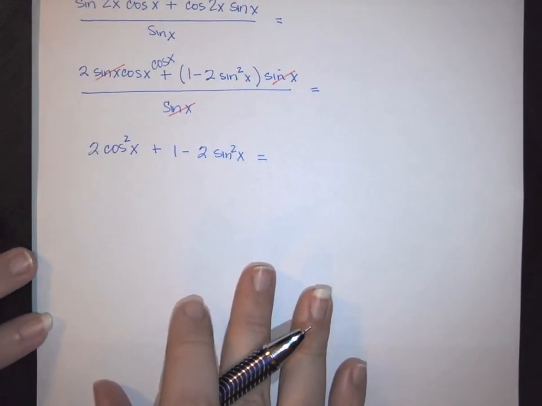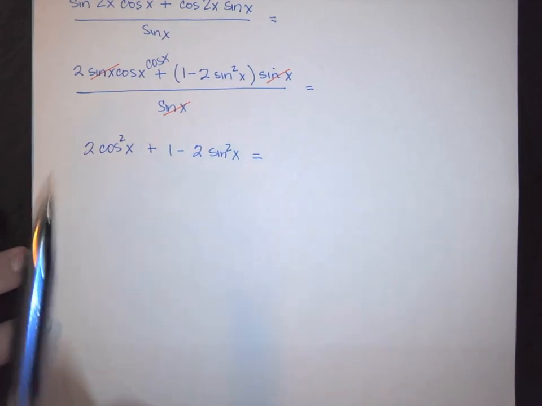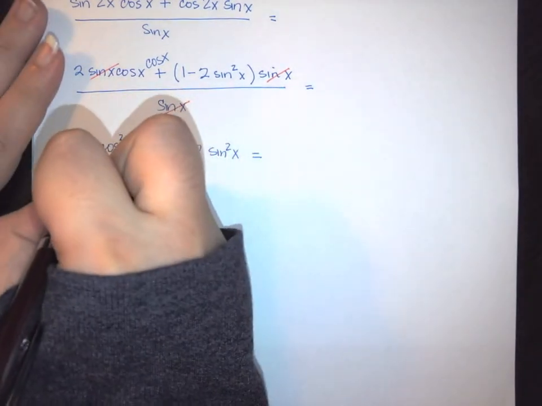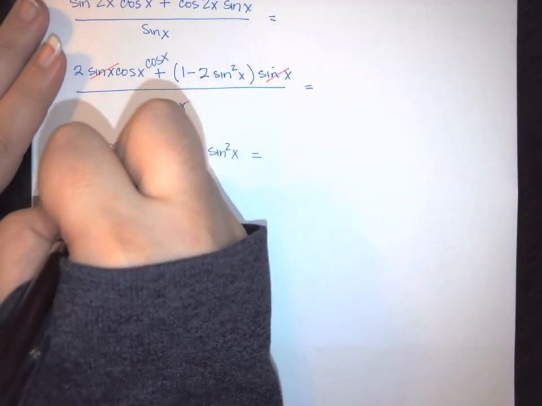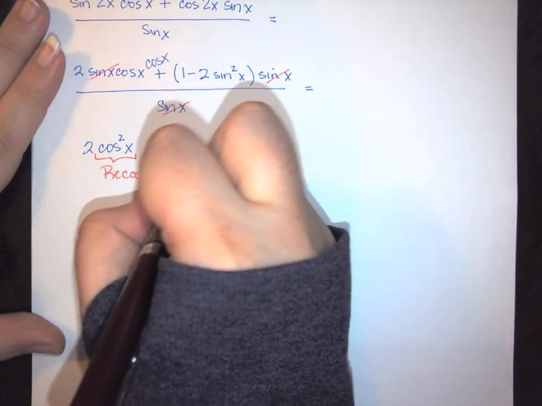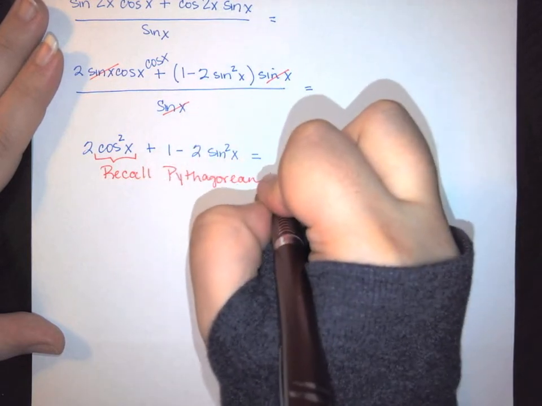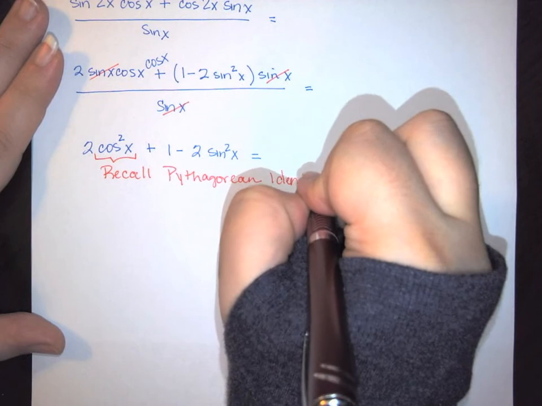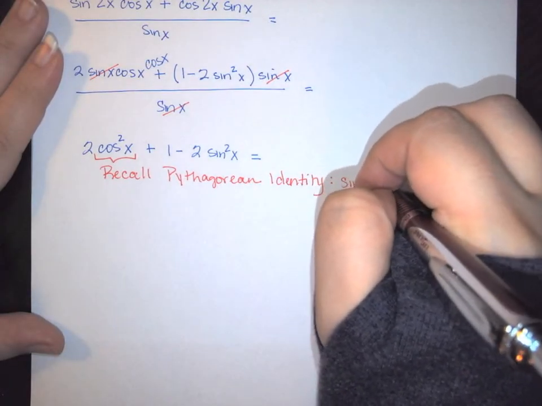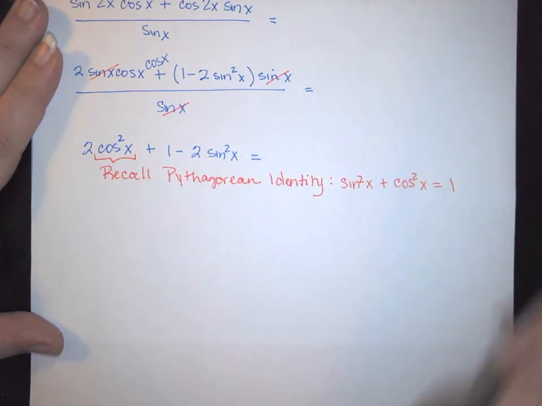So now looking very carefully at what I have, I want to recall an identity. So right here for my cosine squared, I want to recall my Pythagorean identity. That identity said sine squared of x plus the cosine squared of x is equal to 1.